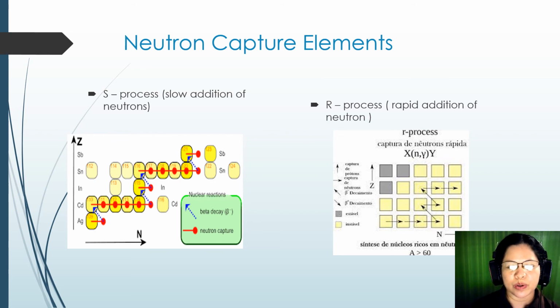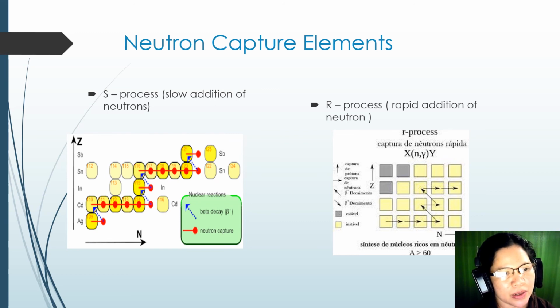The nucleus moves one step up in the periodic table. As you can see in the structure, most of the elements here are isotopes. You have silver, cadmium, indium. Sn is tin, and Sb is antimony.